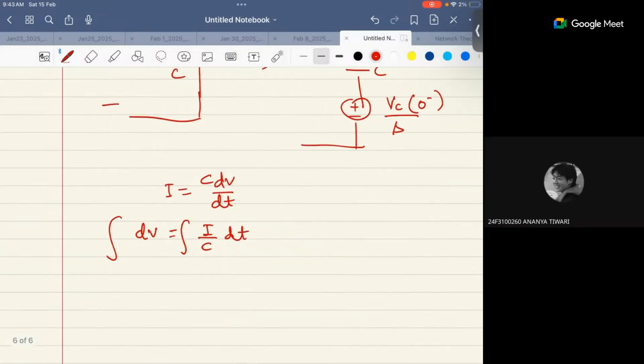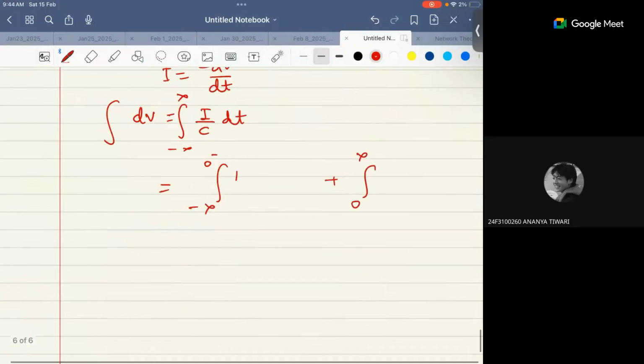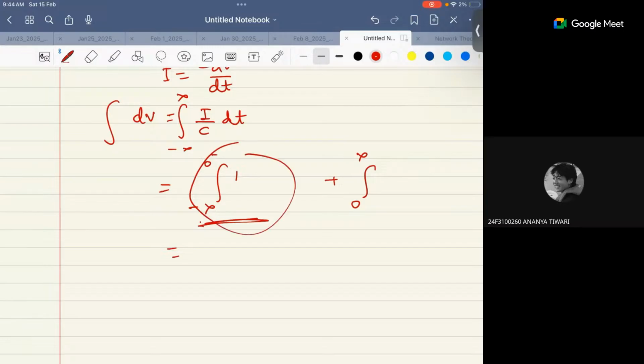So when you integrate from minus infinity, if some initial value is already there, you split it: minus infinity to 0 minus, and then 0 to infinity. From minus infinity to 0 minus is one of the steady states, right? So here you can directly change this to the initial condition that you have, because there will be some voltage across, that is the 0 minus value, right?